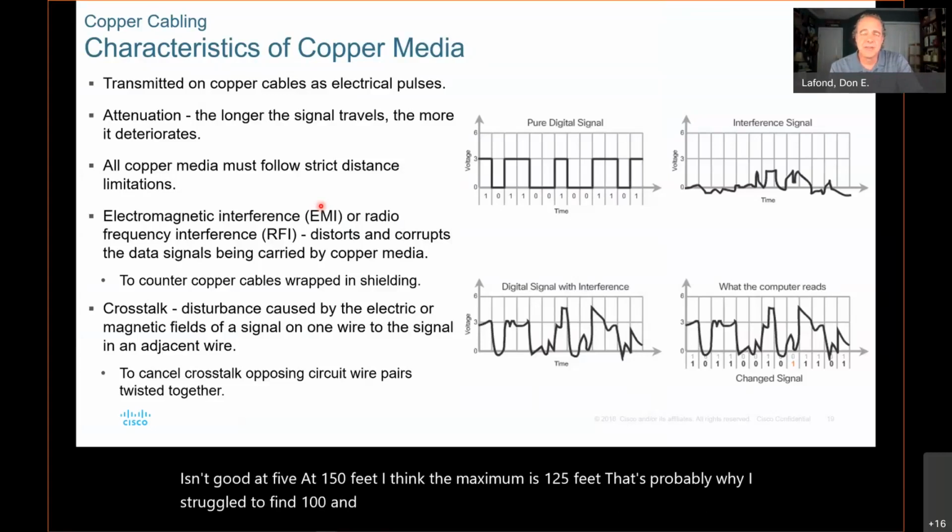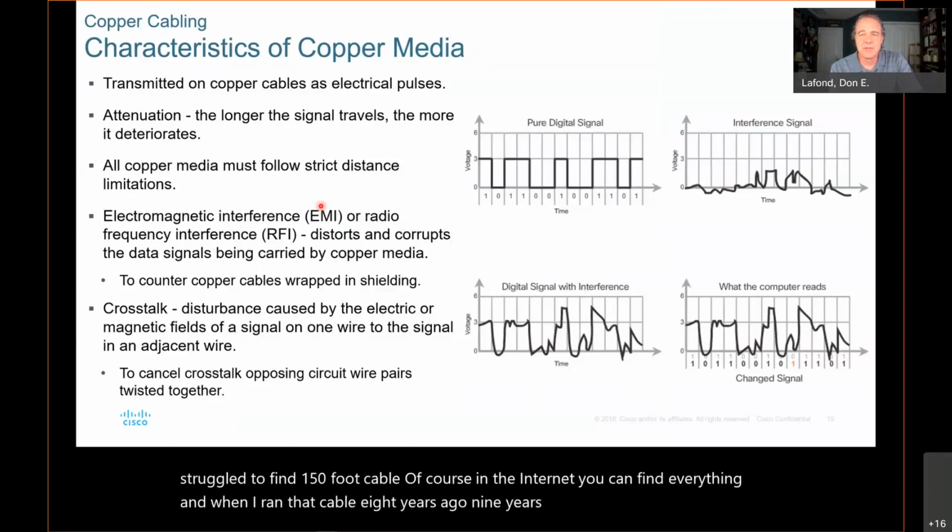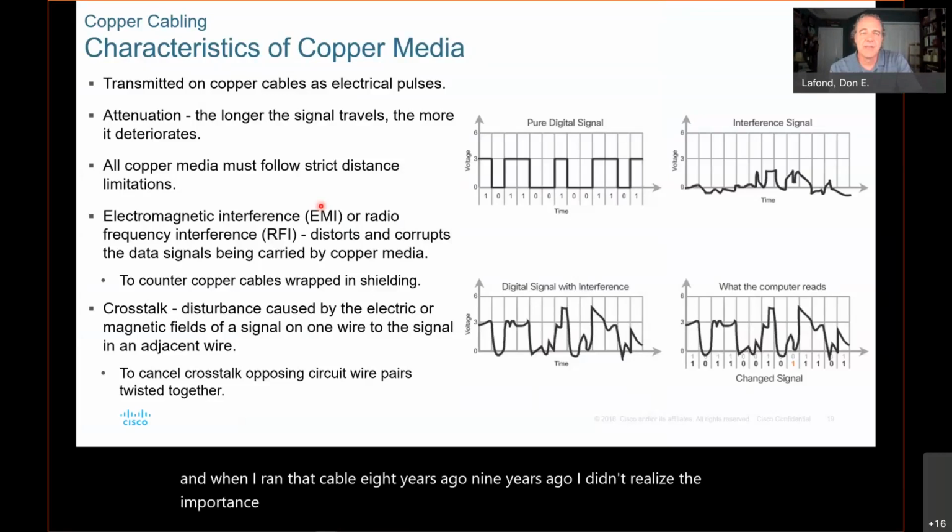Of course, on the internet you can find everything. And when I ran that cable 9 years ago, I didn't realize the importance of Cat 5E, Cat 6. I don't even know if Cat 6 was available at that point. But attenuation is a real thing, as are possums.